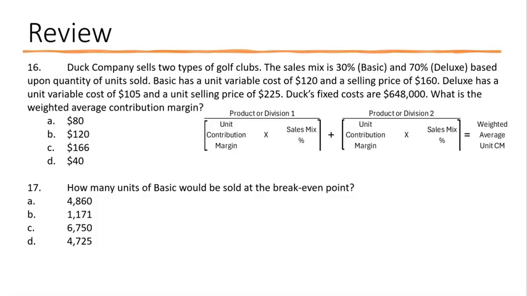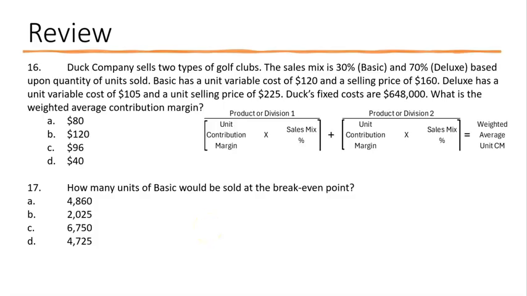So the unit contribution margin of product 1 times the sales mix plus the unit contribution margin of product 2 times that sales mix gives us our weighted average. If we did it for divisions, we could do that as well, or we could take the contribution margin percentage times the sales mix to get our contribution margin percentage. So both of these formulas are on the help sheet I put together.